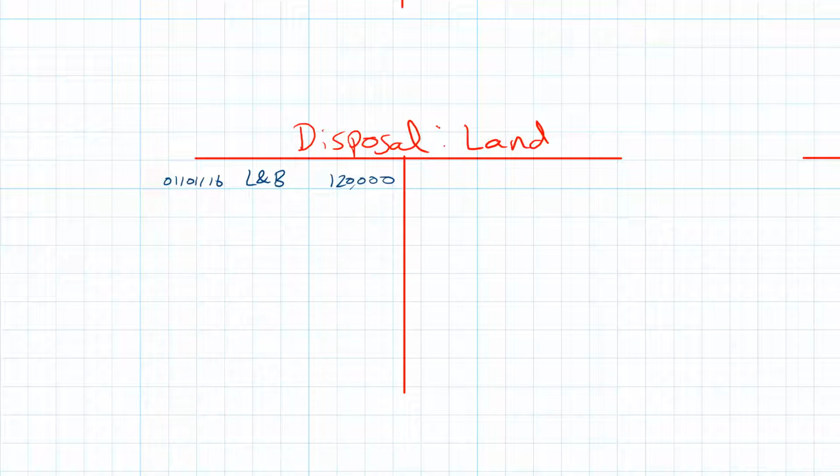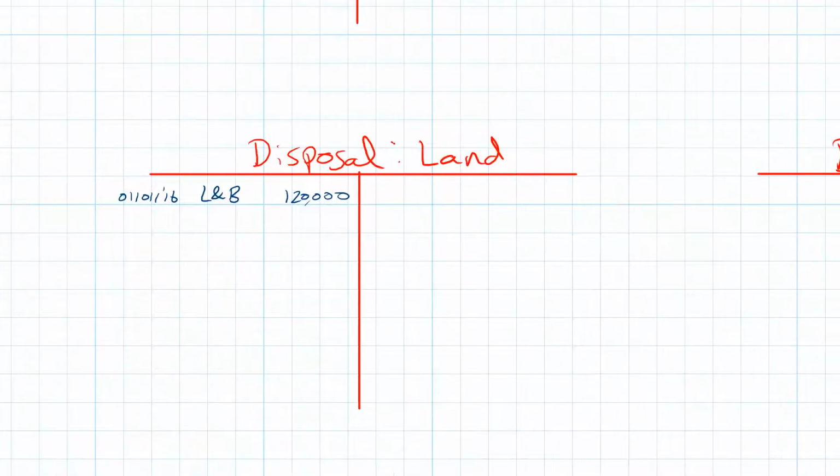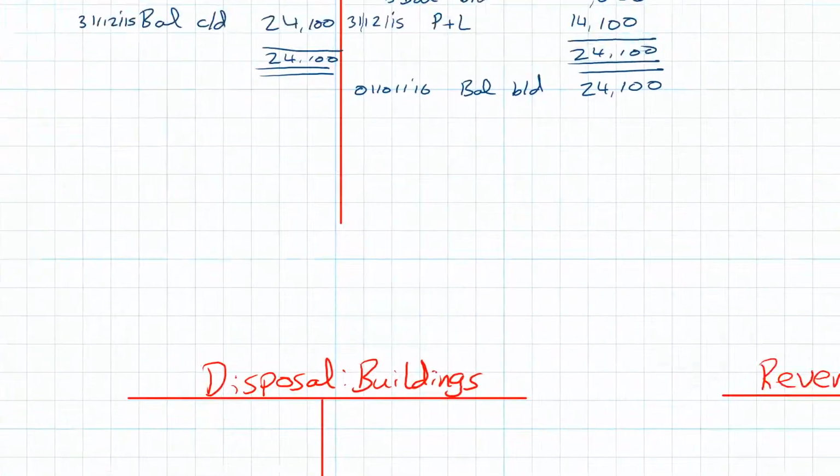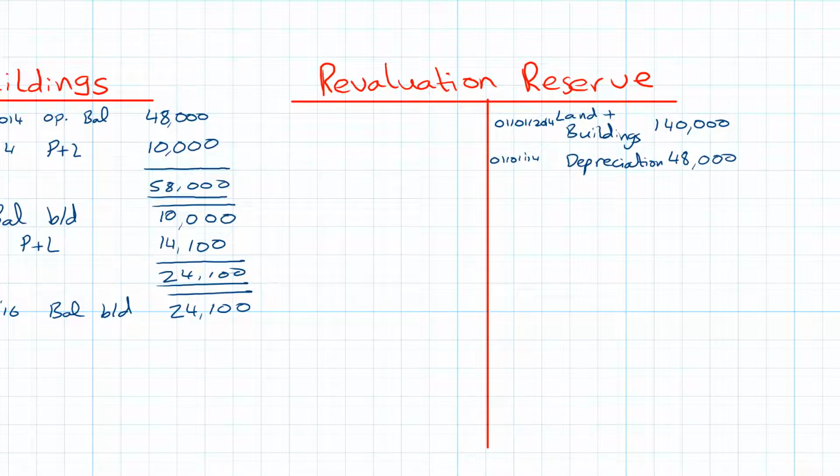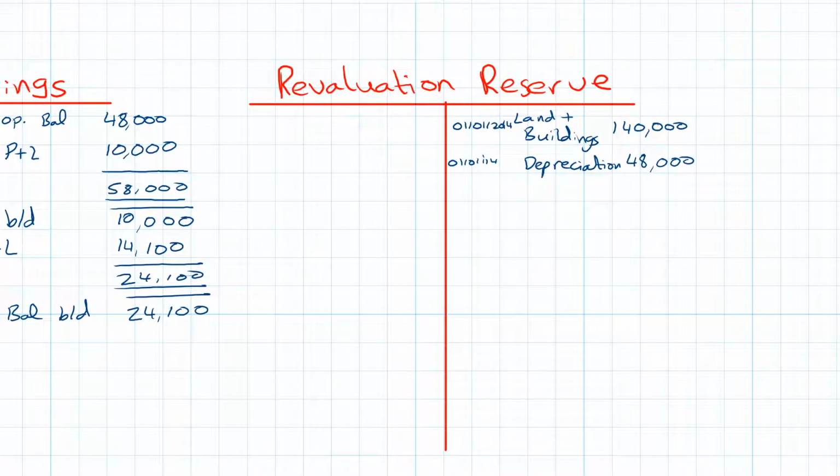Perfect. Now, we don't want any record of our land and buildings staying in our records. So we don't want any records from this day forward of that land, because if it's there, then it's almost as if we're stating we have something that we don't.